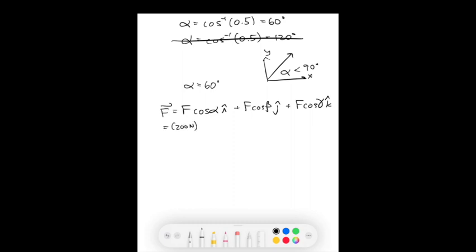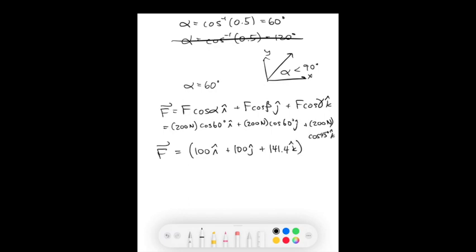We know that F is 200 newtons, and when we solve each of those values, we see that we have 100, 100, and 141.4. Again, don't forget our units at the end. And so that's it for the second example in this class.